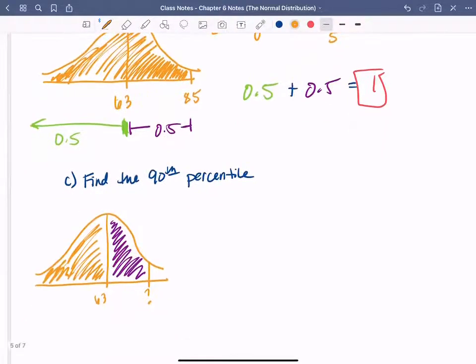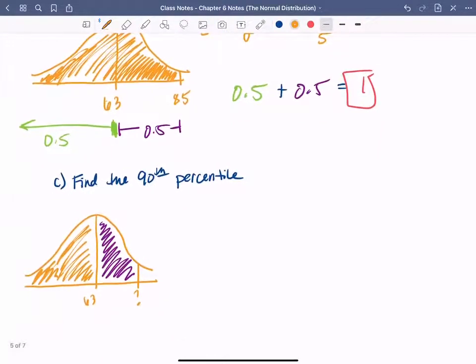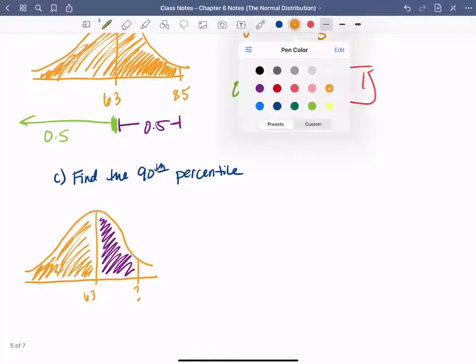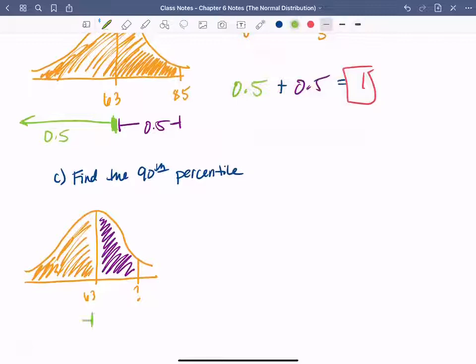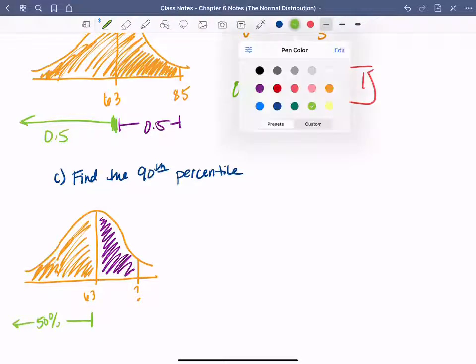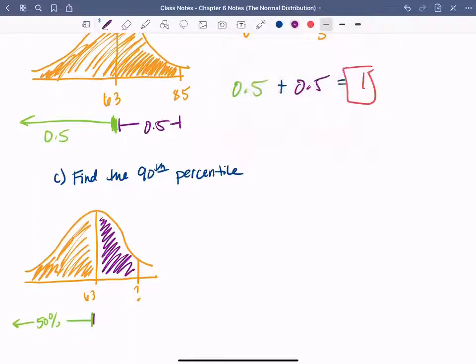So first off, what we need to do is go to our Z table. But why do we need to go to our Z table? Because if this orange shaded region is 50%, but we said 90th percentile, that means we are looking for 40% from here to our X value. Well, we don't have a Z value, so we need to identify what the Z value is.